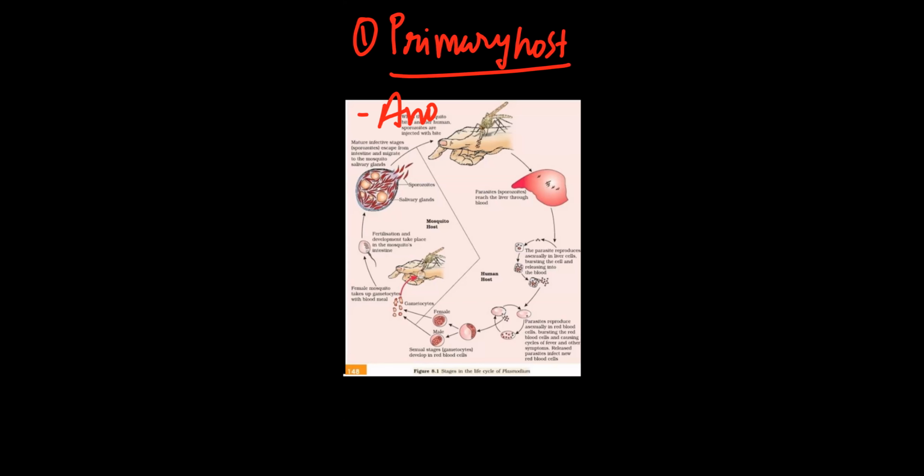This protozoan, in its life cycle, requires two hosts. For the malarial parasite, the Plasmodium, first of all, the primary host is the Anopheles mosquito, the female member.